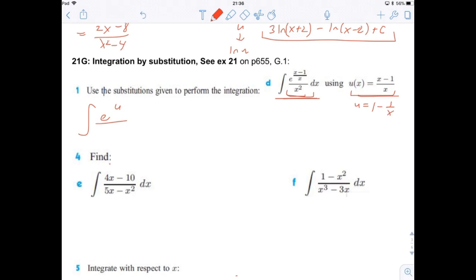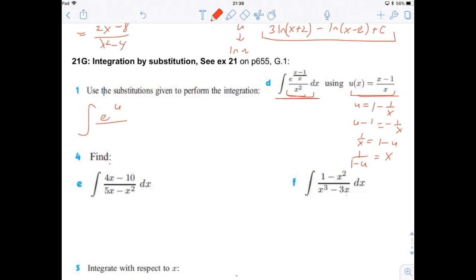If I try to solve for x, I would get u minus 1 equals negative 1 over x. 1 over x equals, I'm going to multiply everything by negative 1, I get 1 minus u. And if I want to solve for x, I get x equals 1 over 1 minus u.